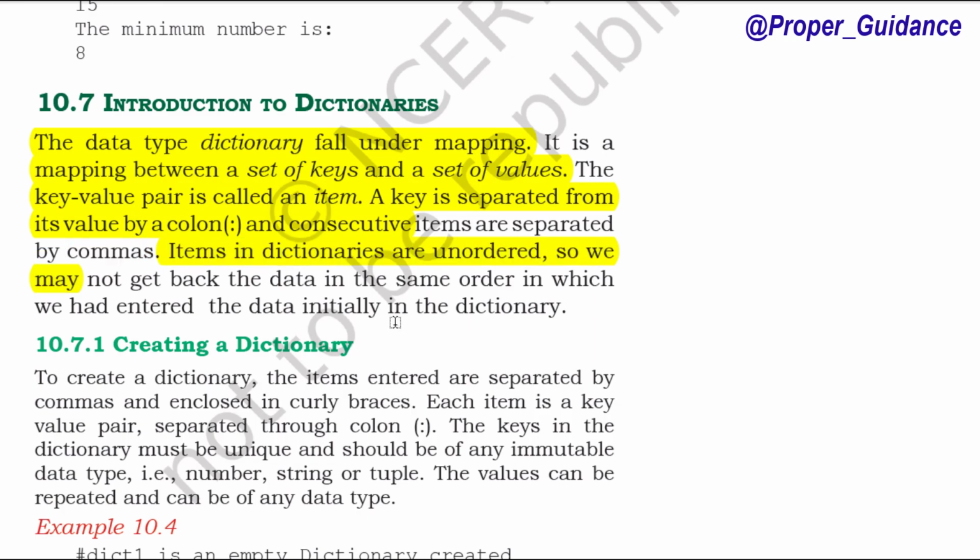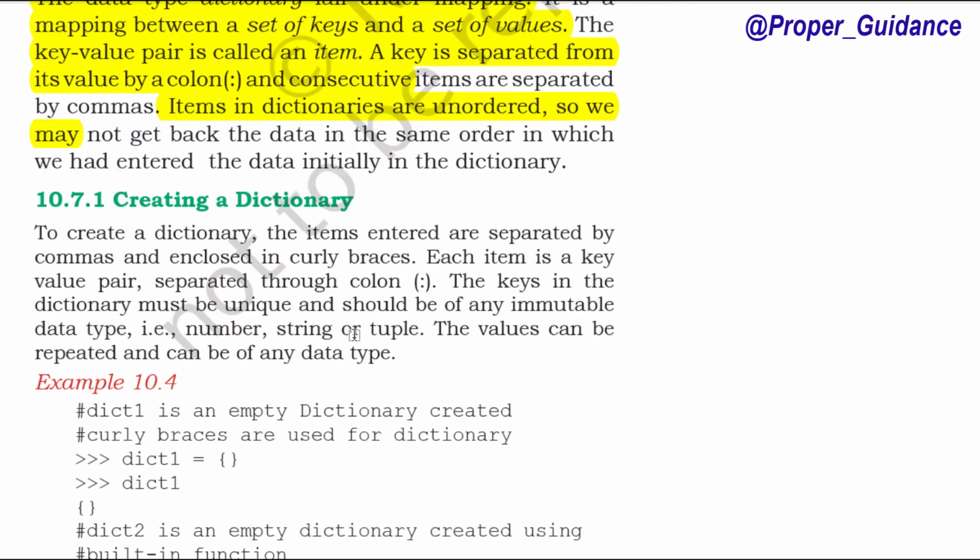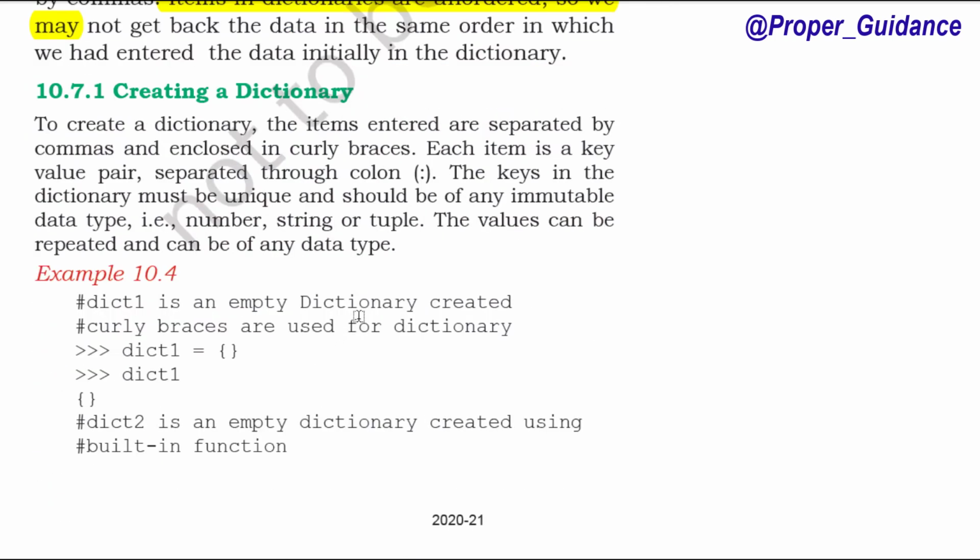So we can say in Python that comma plays a very important role, right? Every element is separated by commas in most things, it may be in string, list, or tuple. As well as in this section also we are using two particular punctuations, one is colon and the other is comma. So now we see how to create a dictionary.